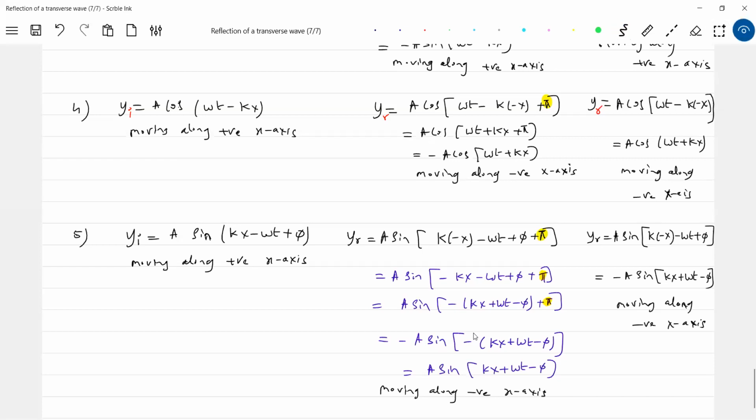Now you see this. Sir, reflected by rigid end, negative sign is there. Reflected by free end, negative sign is there. I think it's all about mathematics here, no? Got the idea? So even if the wave arrives with a phase, it gets reflected by rigid or free end.